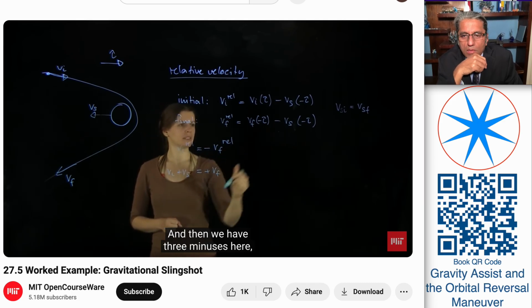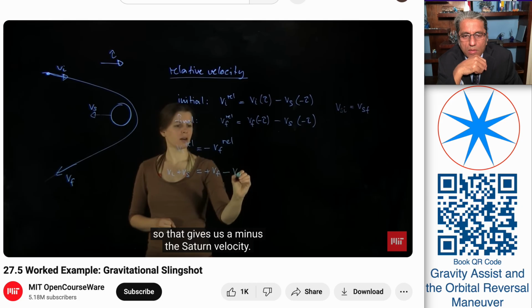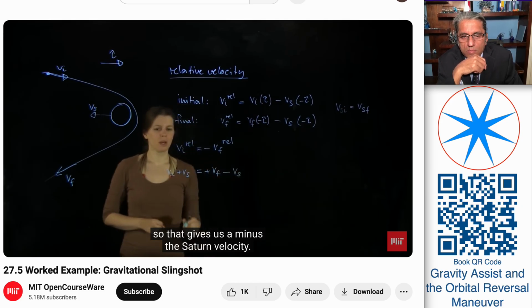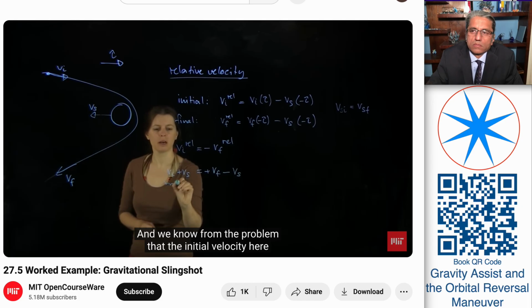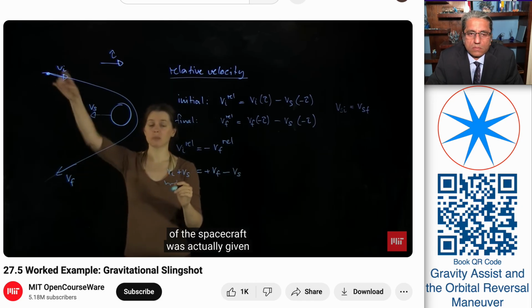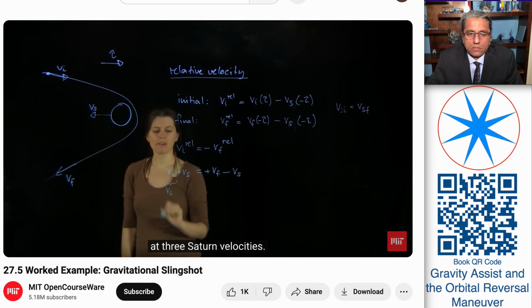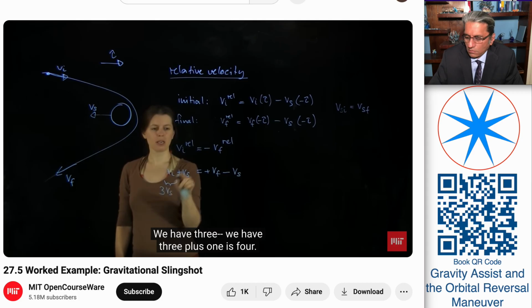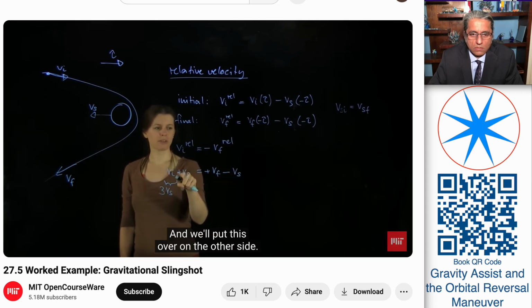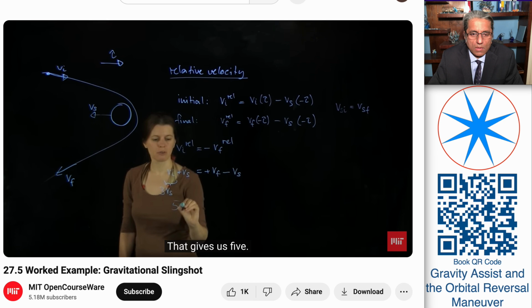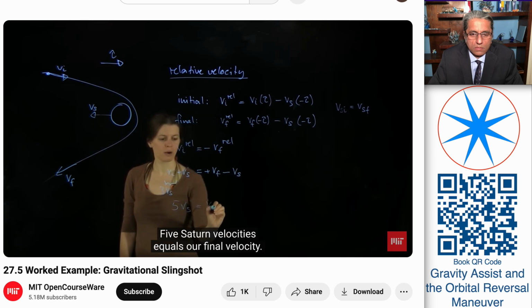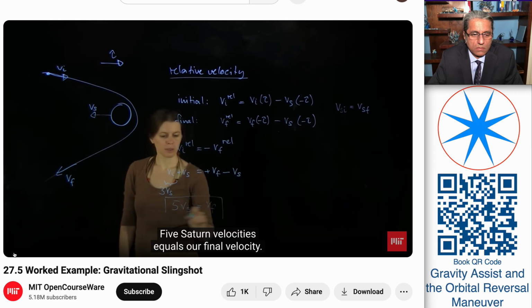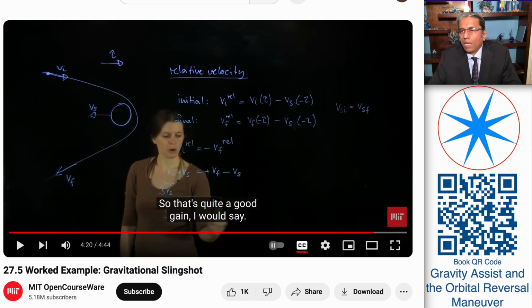And then we have 3 minuses here, so that gives us a minus the Saturn velocity. And we know from the problem that the initial velocity of the spacecraft was given as 3 Saturn velocities. So we can tally this up now. We have 3 plus 1 is 4, and we'll put this over on the other side. That gives us 5 Saturn velocities equals our final velocity. Okay, the problem here is that the components need to be considered separately.